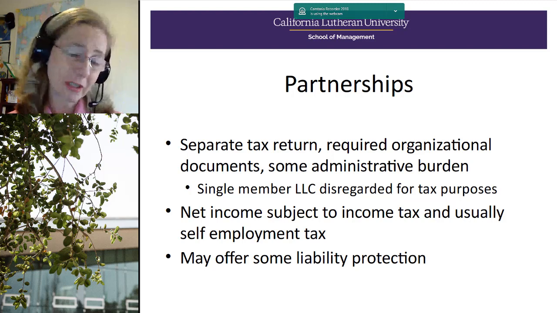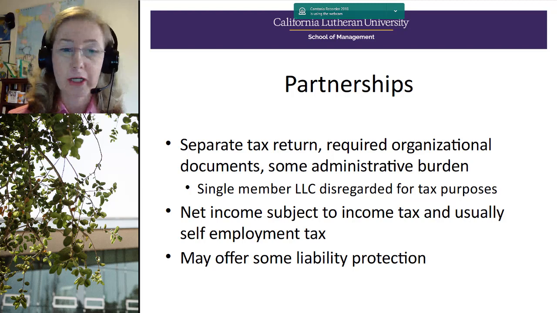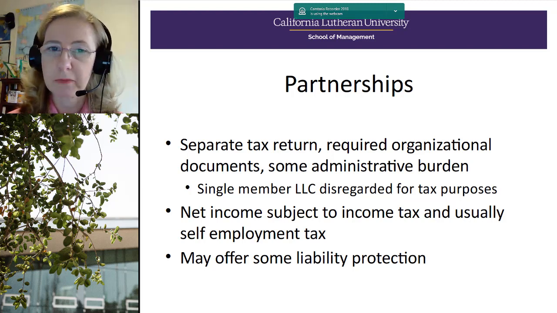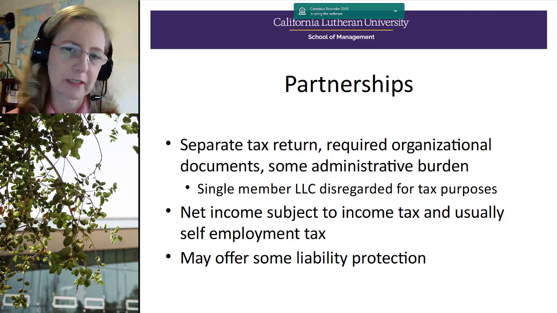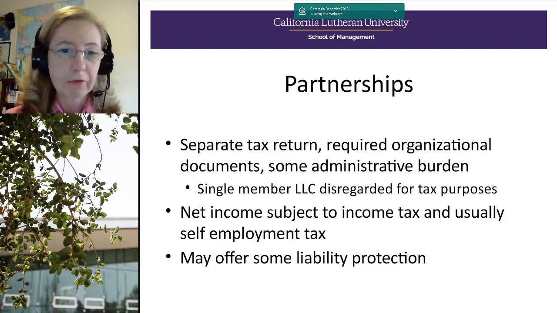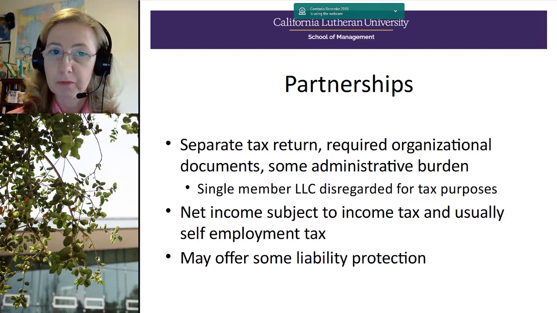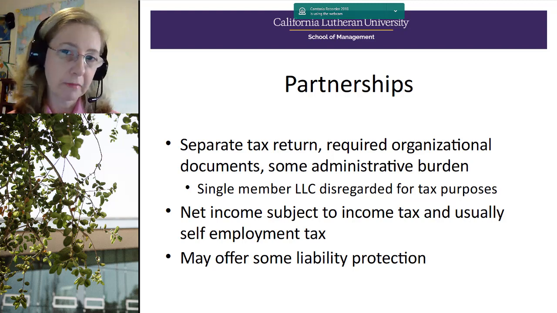By definition, a partnership has to have at least 2 partners. There is an exception. The single member LLC is disregarded for tax purposes, and we'll talk more about LLCs in a little bit. But partnerships have to be 2 people. And whenever you have 2 people, each state is going to require a little bit more documentation, some sort of partnership agreement or operating agreement.